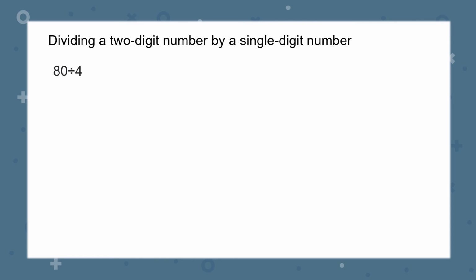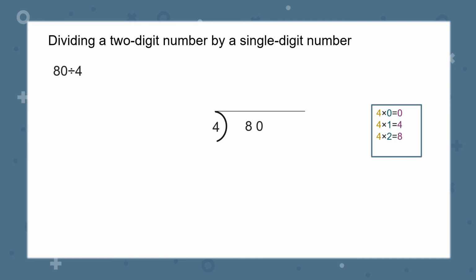Next sum we will solve 80 divided by 4. Here 80 is dividend and 4 is divisor. So 80 we will write below the splitting line and 4 in the curved line. Now we will say the 4 times table. 4 1s are 4, 4 2s are 8. So we got 8.